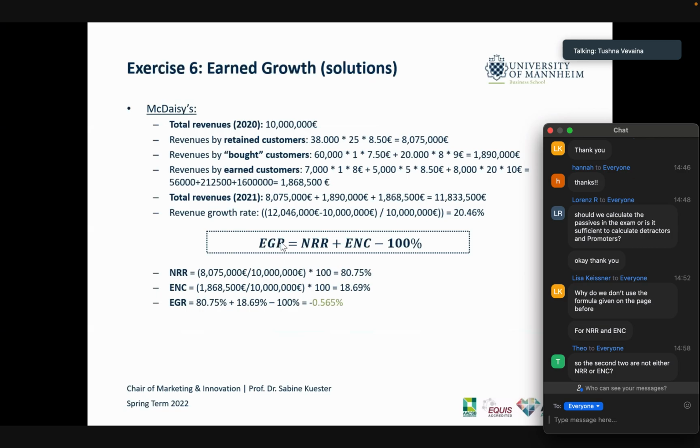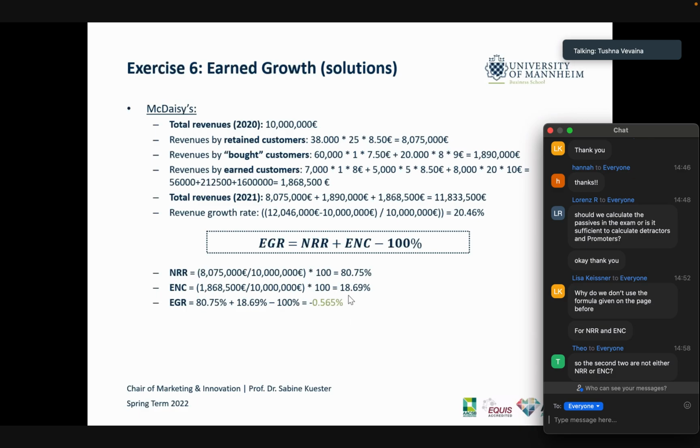But when you're calculating EGR, you're seeing it's in the negative. It's very low. And that's because when you're calculating your NRR, you're calculating your net retained customer value, how much you're getting from them, and you're calculating your earned revenue from your earned new customers.